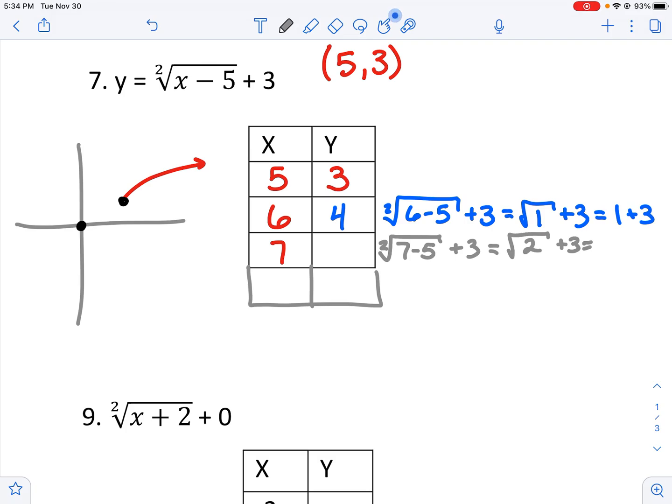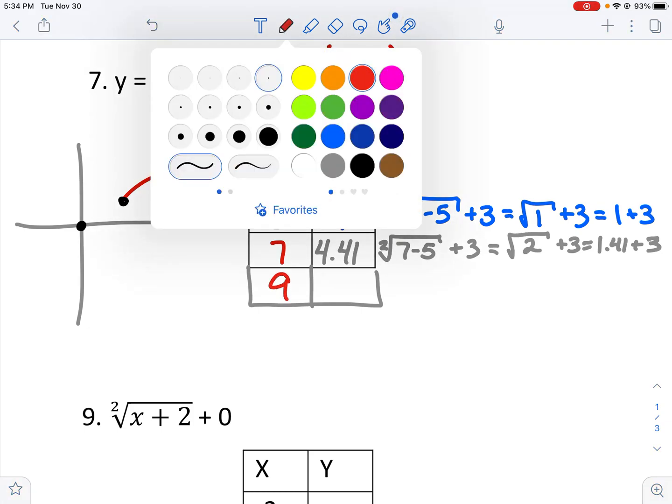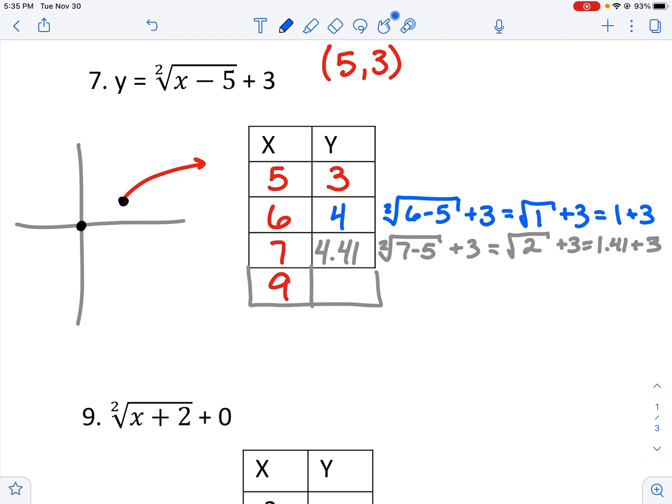And if I did the square root of 2 in a calculator, it would be 1.41 plus 3. So this is 4.41. And then, I don't know, maybe I'll do 9. Skip over to 9. Give myself a nice number.